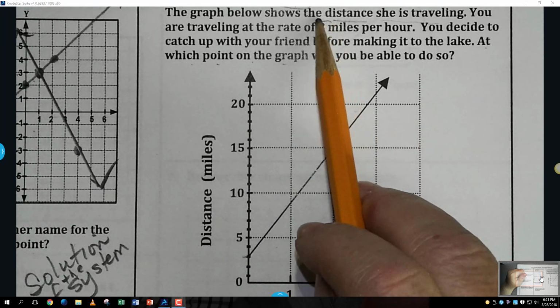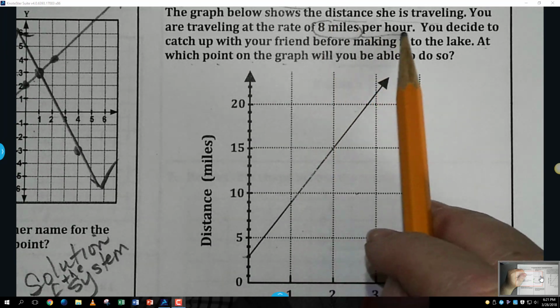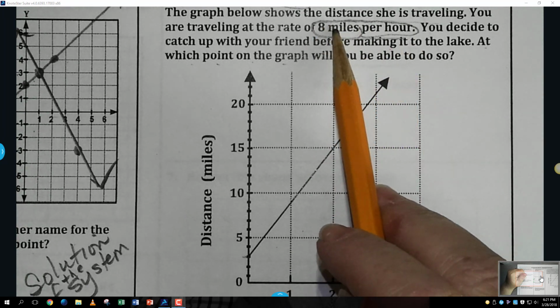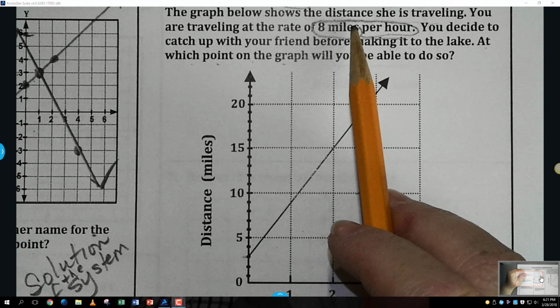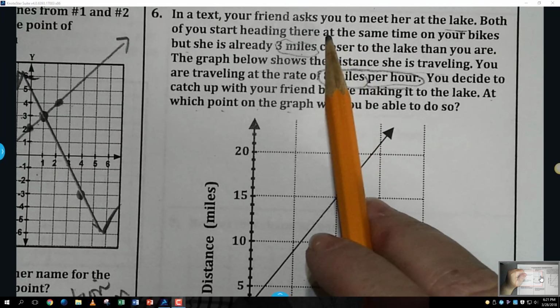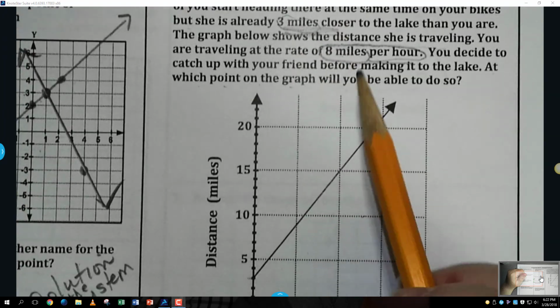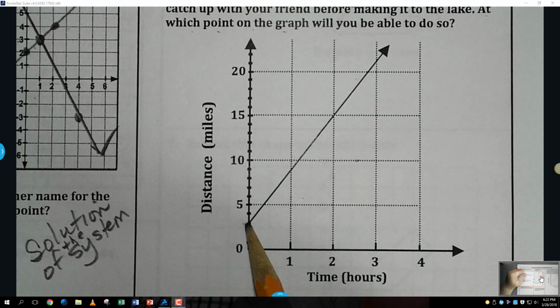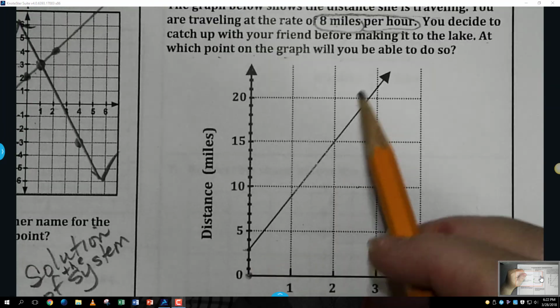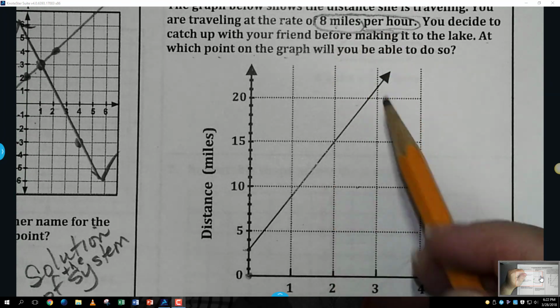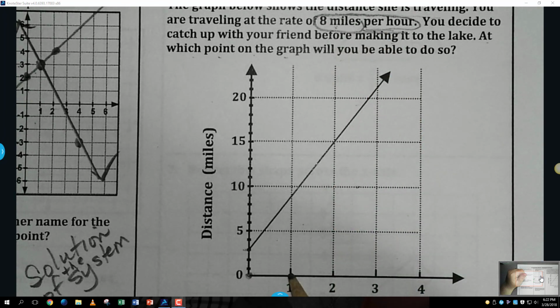So you're traveling at 8 miles per hour. So for every hour, you've gone 8 miles, but you are not this 3 miles closer to the lake that she is. So she starts right here because she's 3 miles closer to the lake. You start right here. And then it said for every hour, you go 8 miles. So here's 1 hour.